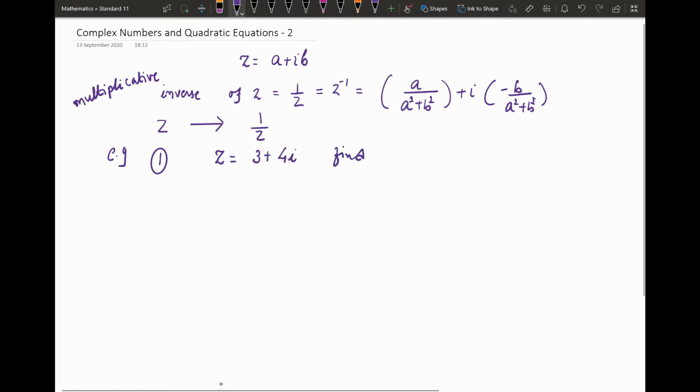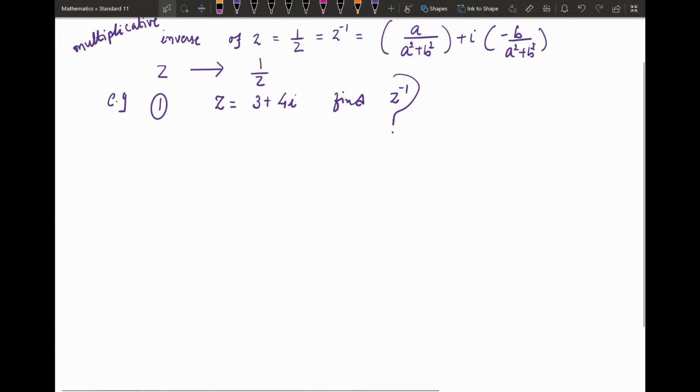Find the multiplicative inverse z inverse. Suppose we have to find z inverse. So method 1.